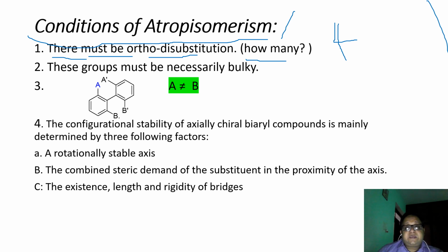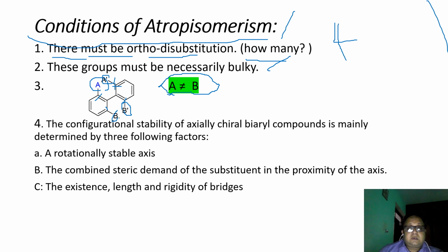These groups must necessarily be bulky. So these are 4 substitutions, 1, 2, 3 and 4, all at the ortho positions of the biphenyl. And these groups should not be similar, meaning A should not be equal to B, otherwise they would not be enantiomers.